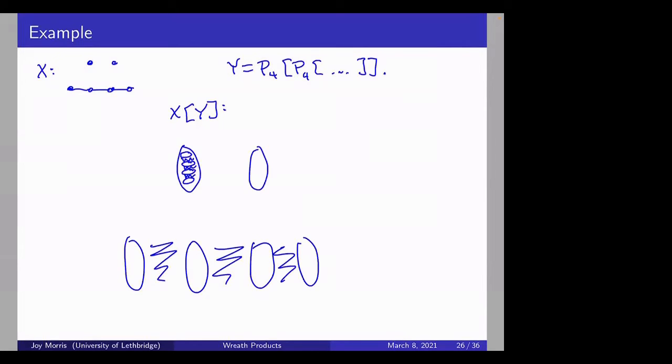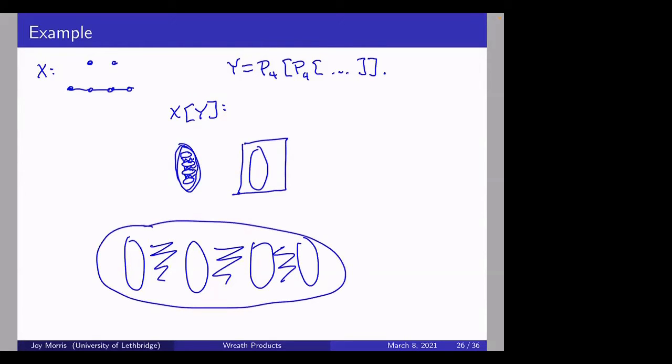And the automorphism that we're going to get in this case is going to be, I'm going to fix this vertex and I'm going to swap this copy of Y with these 4 copies of Y. And these are isomorphic because all I did here was I really just added 1 extra P4 to the wreath product, but that doesn't make a difference when we're dealing with an infinite wreath product.